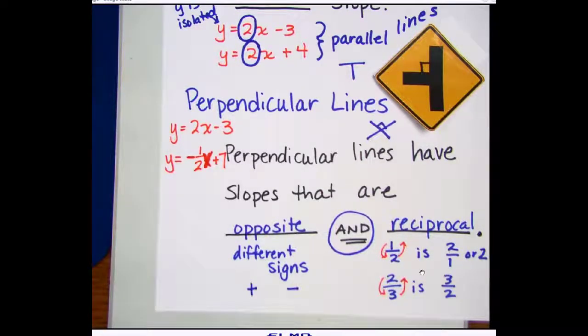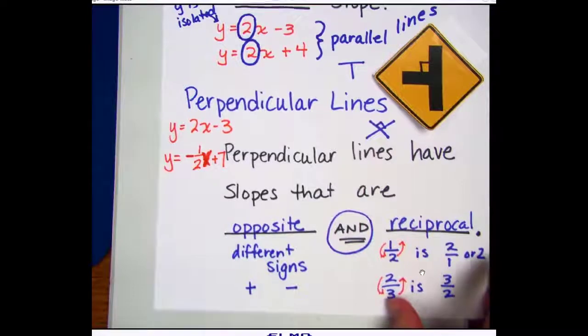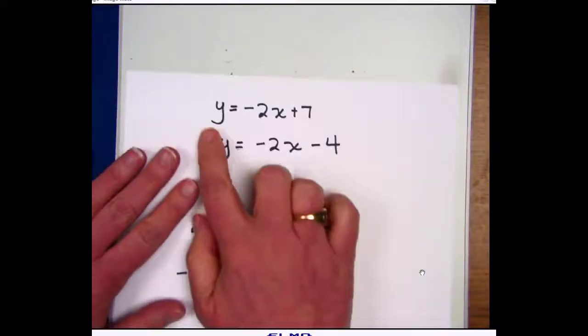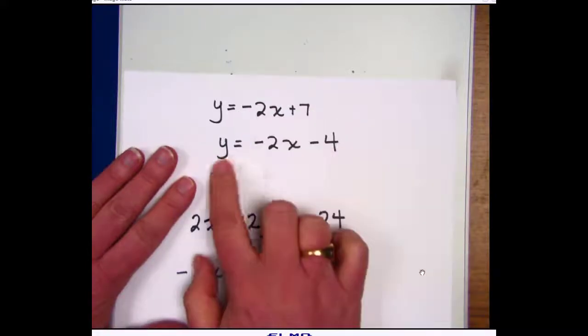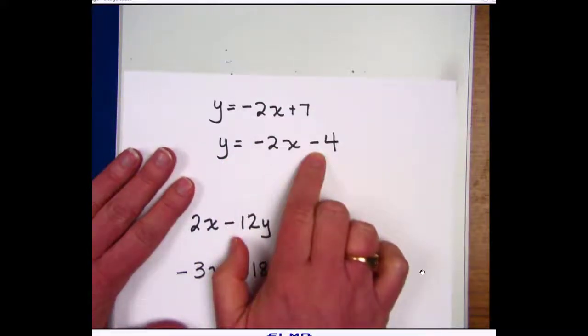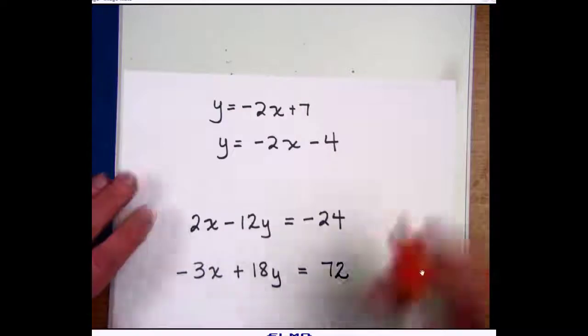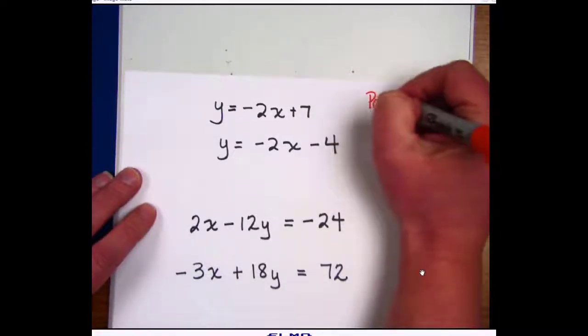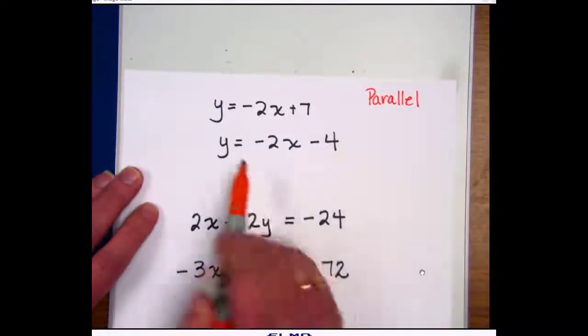All right, so I have a few examples to show you. First, let's look at some parallel lines similar to the ones we just had. y equals minus 2x plus 7, y equals minus 2x minus 4. To determine if these are parallel or not, we would look for the slope. Well, I see that y is isolated.